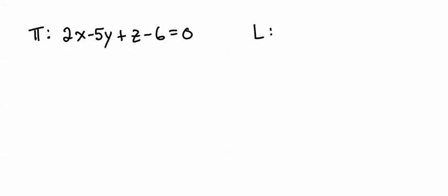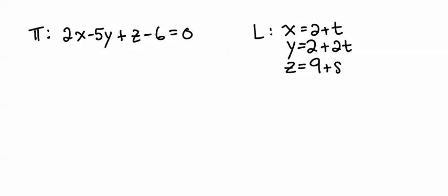Okay, let's say our plane is 2x minus 5y plus z minus 6 equals 0, and our line given in parametric form is x equals 2 plus t, y equals 2 plus 2t, and z equals 9 plus 8t. So there are our parametric and plane equations.